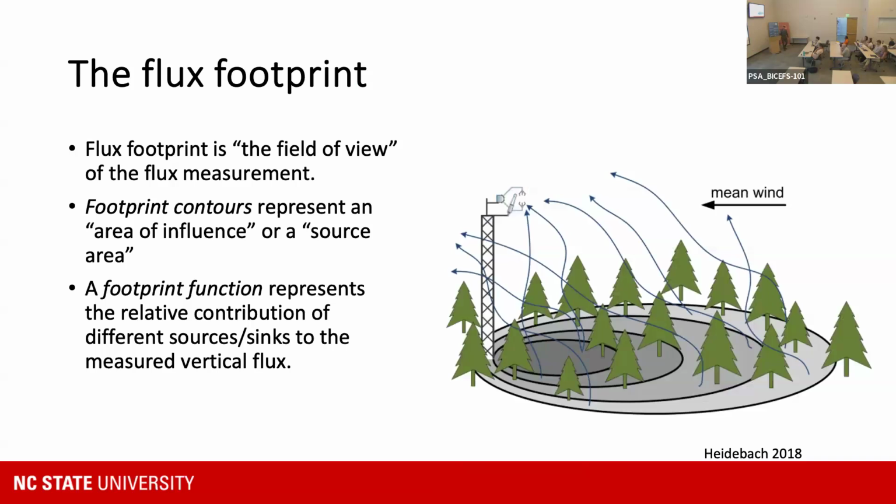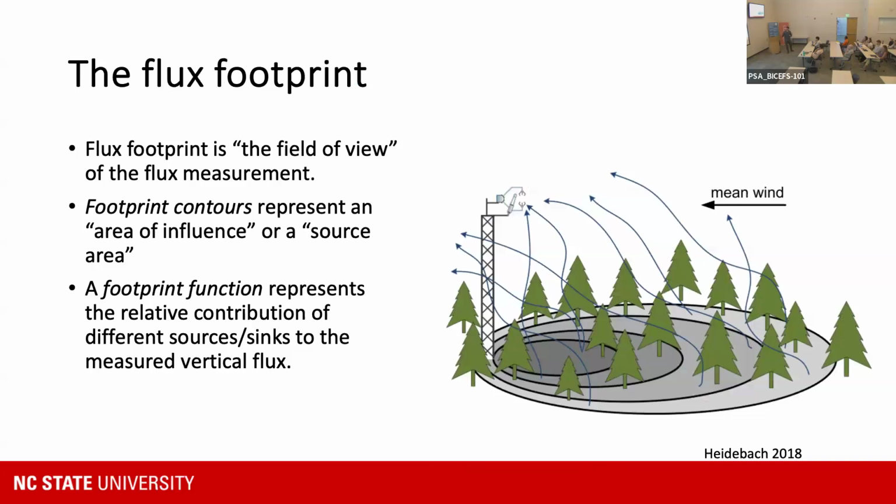It's important to learn that these fluxes that we measure come from an area that we call footprint, which is kind of the field of view of the flux measurement. And basically, as the gas, in this case methane, is released, these parcels of air are carried by eddies.